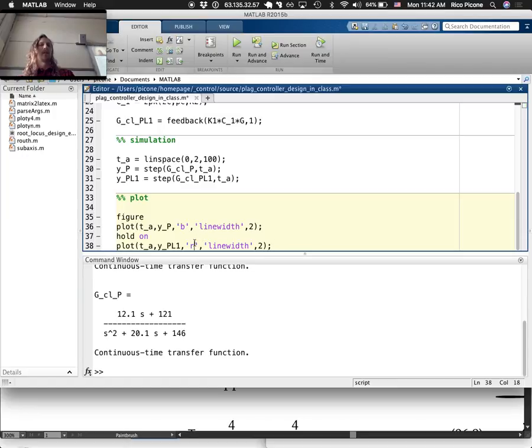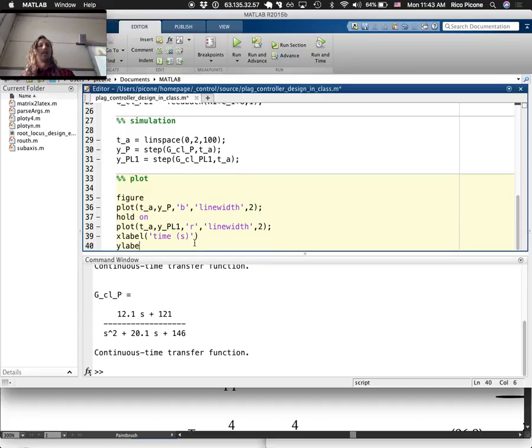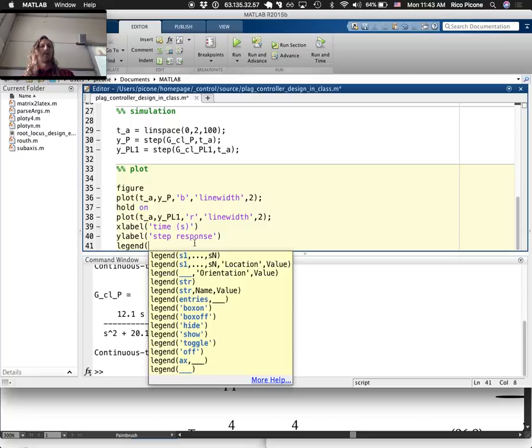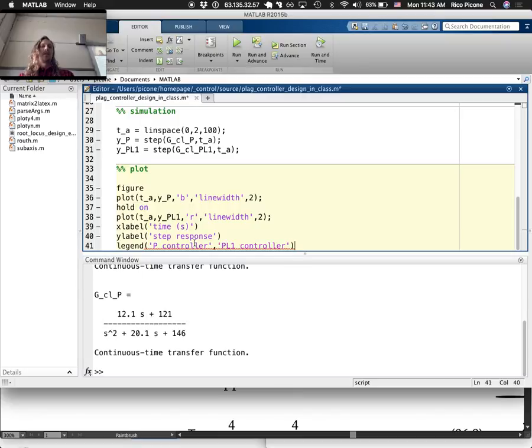This one I'll do red, and then we'll do X label time in seconds, Y label step response, and then we'll do a quick legend just so that we remember which is which. So P controller, and then PL1 controller. Okay, so that should do it.